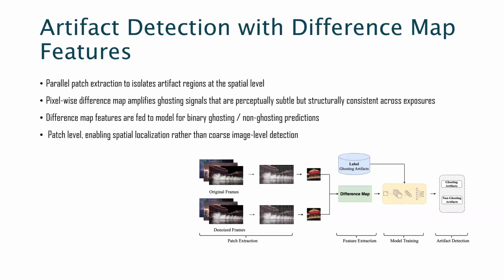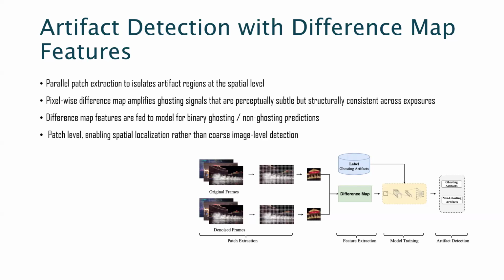For that, we have developed a very simple pipeline in which we use the original frames as the ground truth, as well as the denoised frames, and we divide them into 2 to 4 by 2 to 4 patches. For each patch we calculate a difference map, the difference and the absolute difference map, and we forward three things to the model: the original patch, the denoised patch, along with the difference map. So the model will have a better understanding of what sort of noise, difference or artifacts it is dealing with.